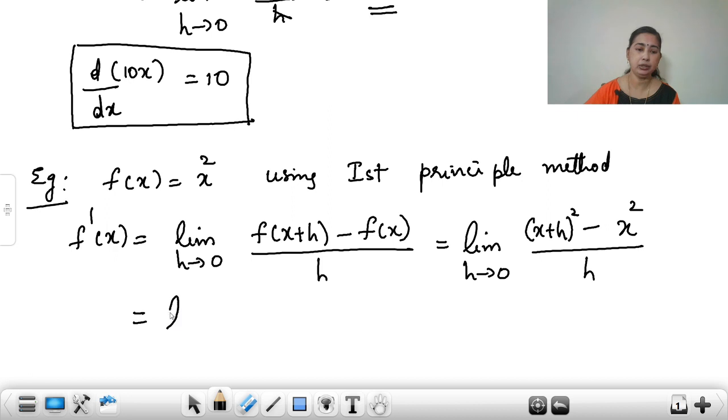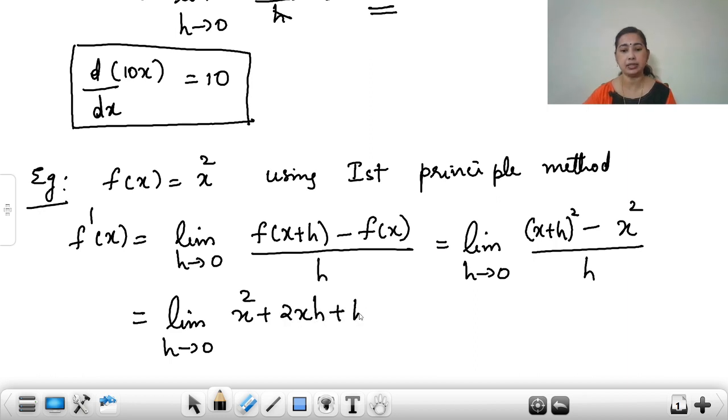That is equal to limit h tends to 0. Now expand (x plus h) whole square using (a plus b) whole square. That is x square plus 2 times x into h plus h square, minus x square, whole divided by h. Now x square and minus x square get cancelled.